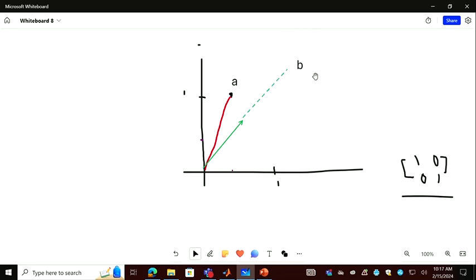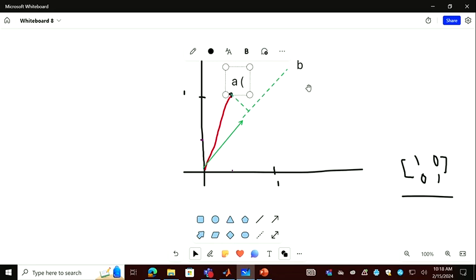That's A times B, or now it's A times normalized B is a projection. So you project this onto B. Remember, A was 0.3, okay?